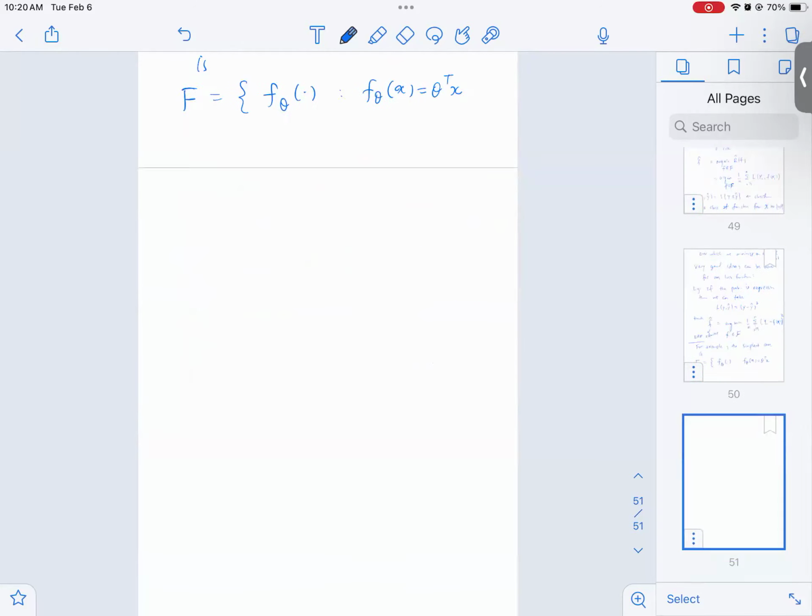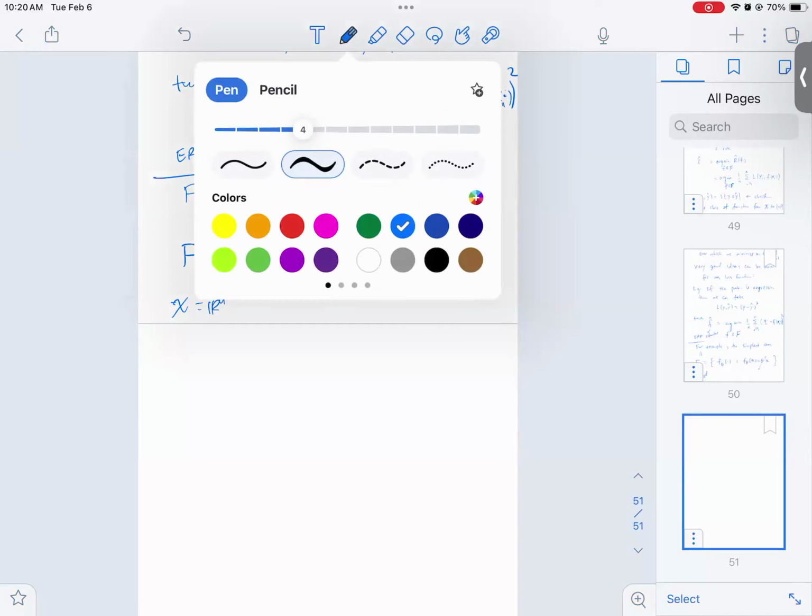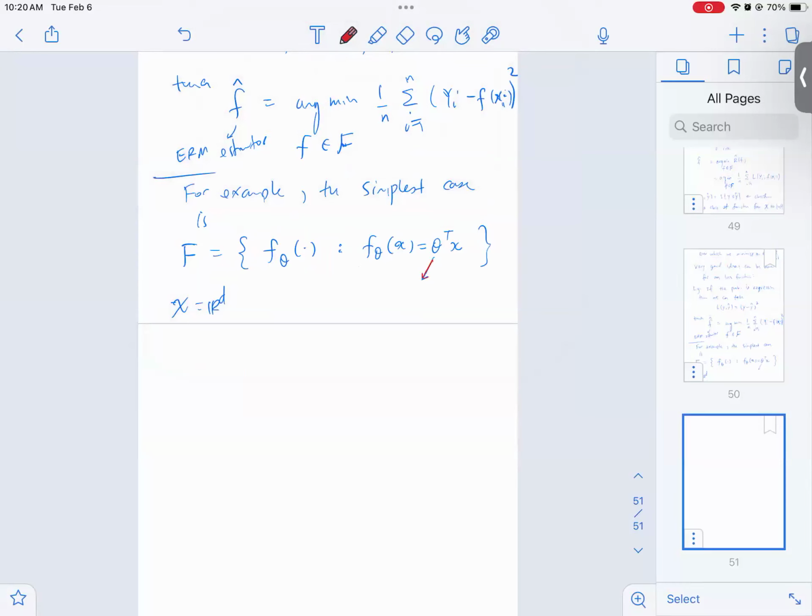Here, let's say our sample space is Rd. So these are really functions from Rd to R. In this notation, theta is a parameter in Rd, and x is also a vector in Rd.